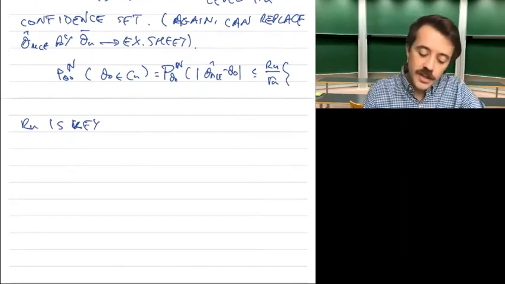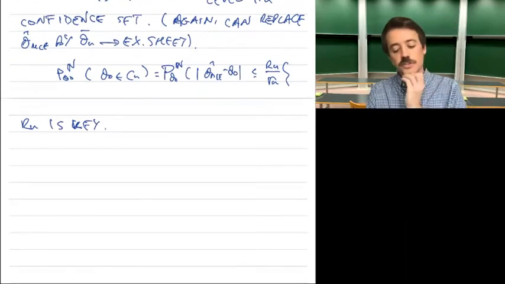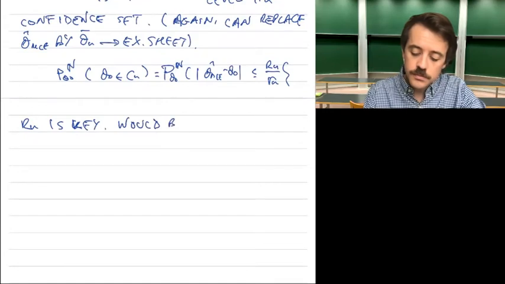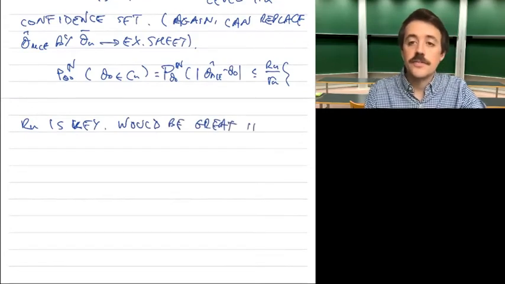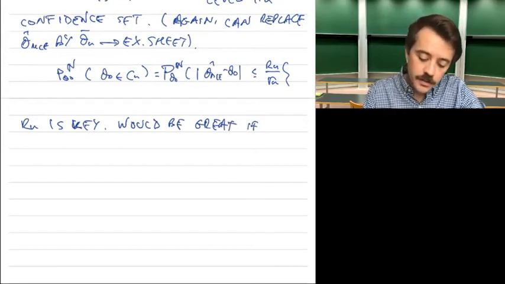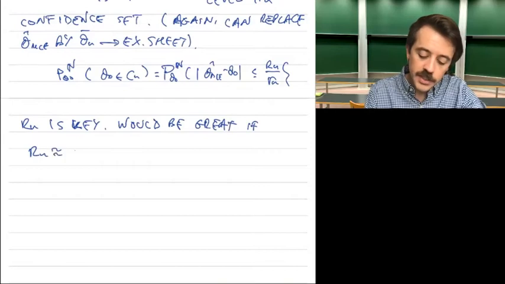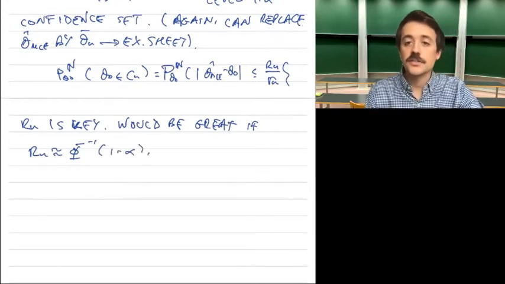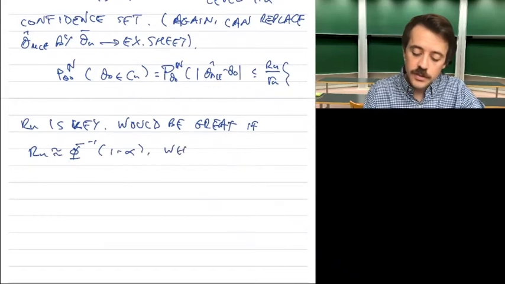So ideally, it would be great if Rn were approximately this z alpha, which I'm now going to write in this form, and I will define this capital Phi just now.